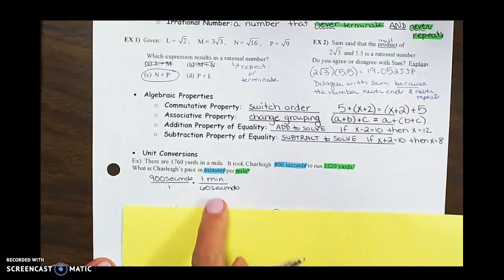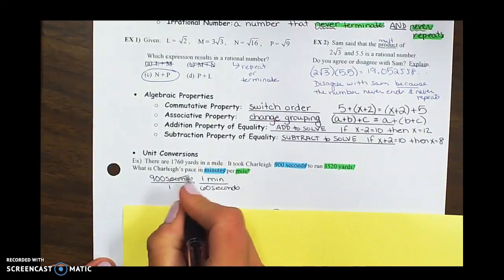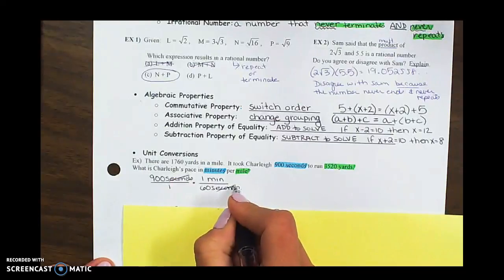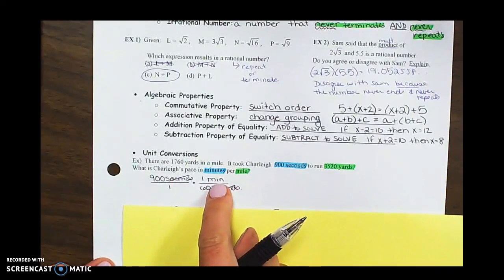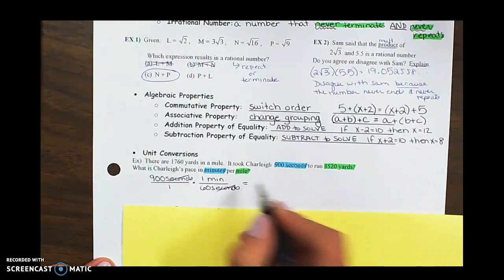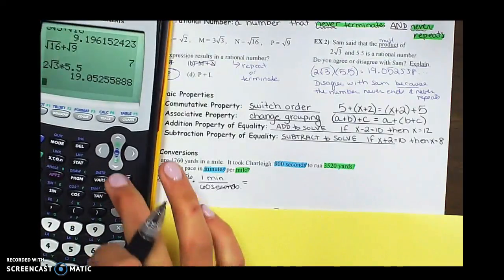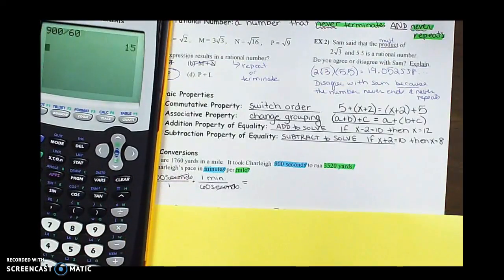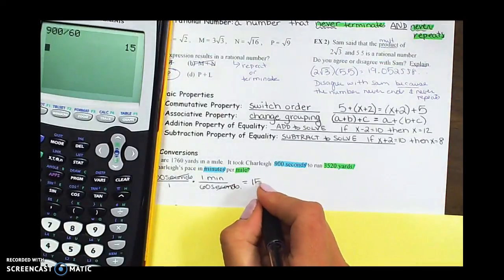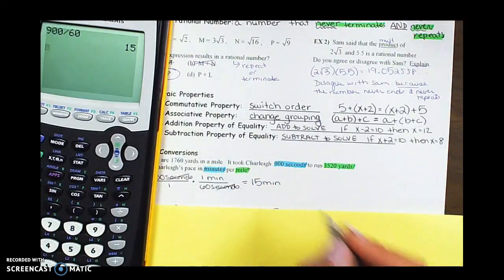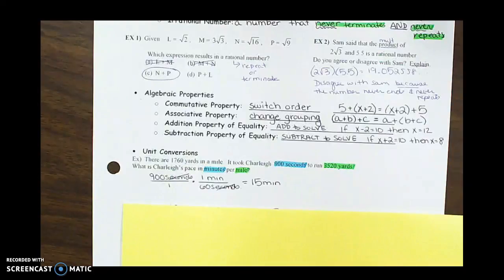I'm putting seconds in the denominator because now the seconds on top cancel with the seconds on the bottom, and I'm left with just the minutes. So let's divide it out: 900 divided by 60, and we're going to get 15 minutes. So that is going to be my time.